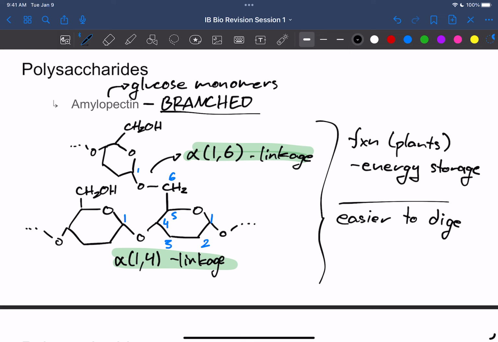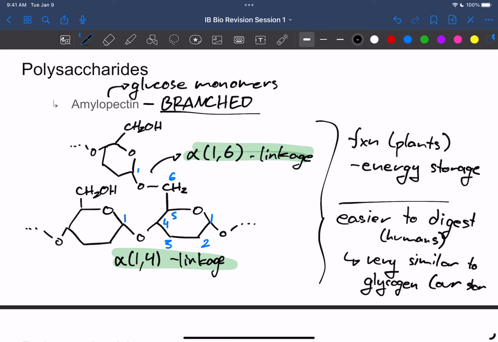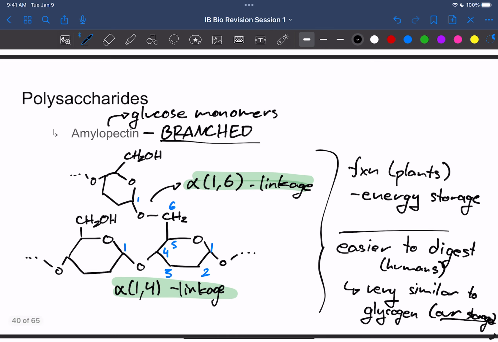And the reason why, for us, is because it's very similar to glycogen, which is our storage. So it's easy for us to break it down. And for plants, it functions as a more short-term energy storage. It breaks down a little quicker. But yeah, that's kind of how it works.